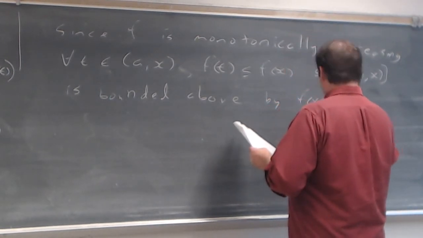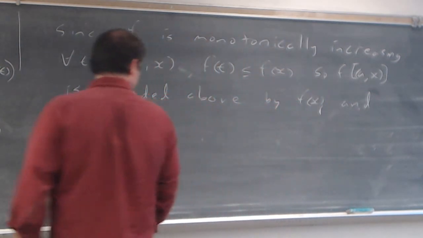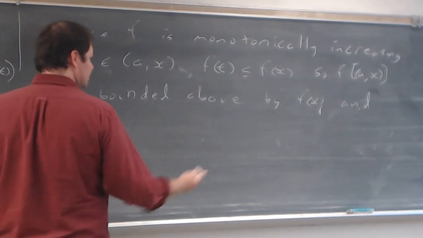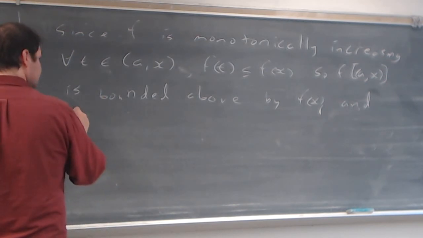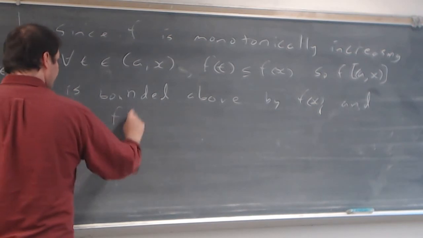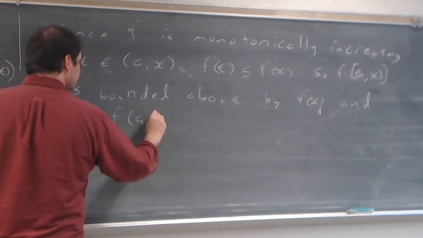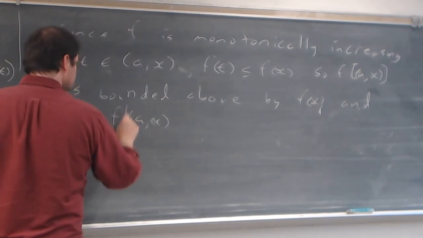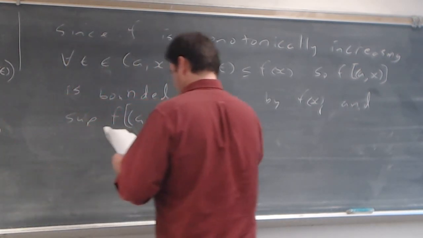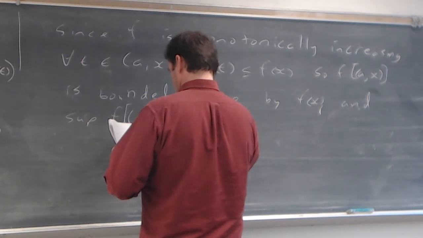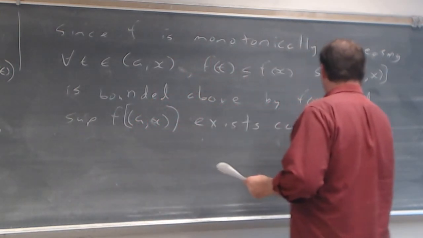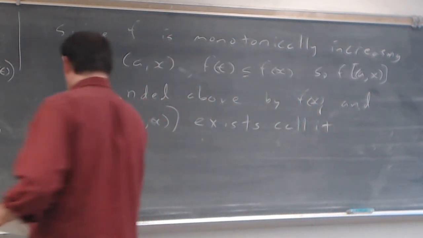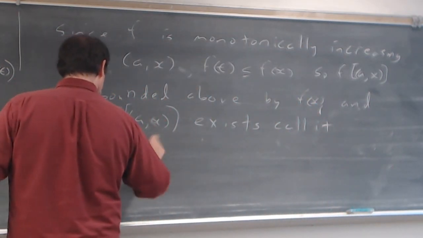This is a non-empty subset of real numbers, and it's bounded above, and the real numbers have the least upper bound property. That means that the supremum of f of a to x exists. Call it A. So A is what I'm letting represent the supremum.